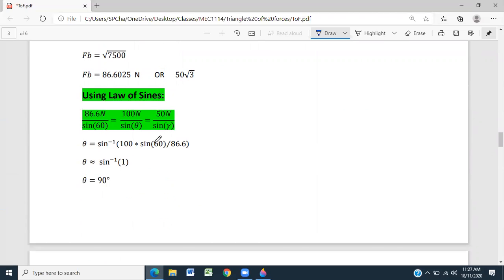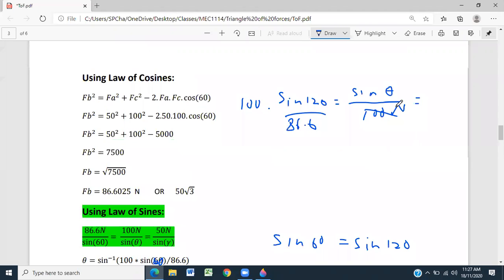So let's just replace this as 120. And we already established the sine of 60 is the same as sine of 120, right? Good, right?